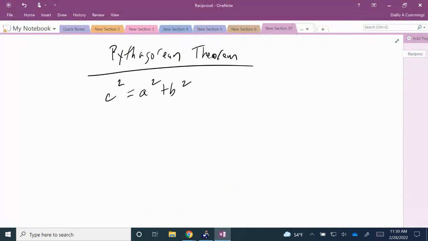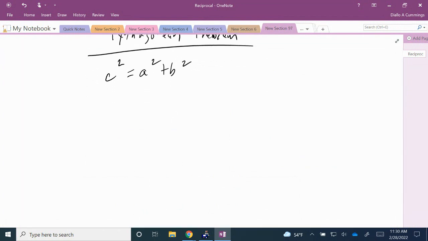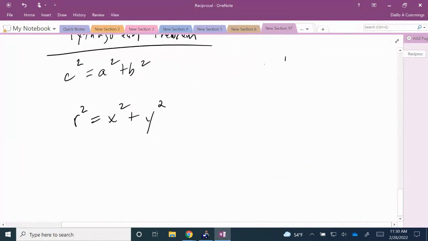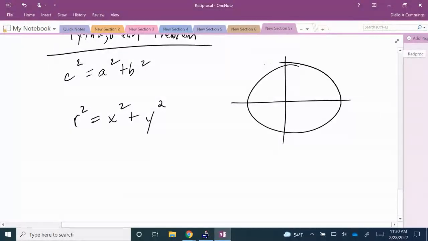We have c squared is equal to a squared plus b squared. Notice that when we talked about the Pythagorean theorem, we didn't use c, a, and b. We used r squared is equal to x squared plus y squared. Keep in mind this is all within a unit circle. So let's say this would be r. This is our point on the circle.